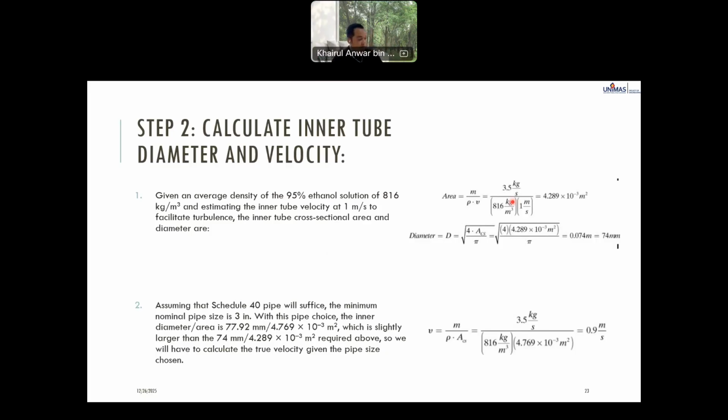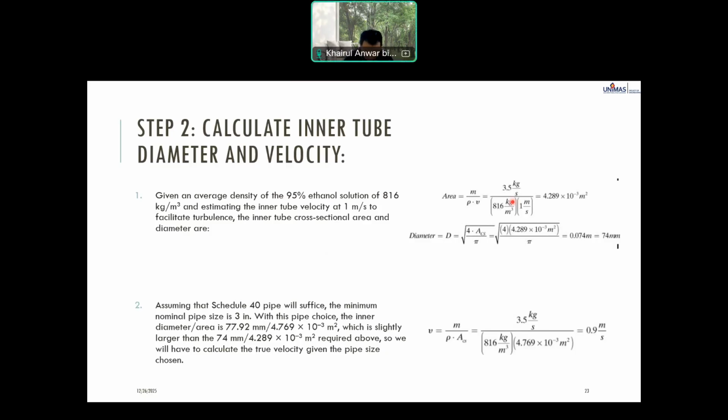Sudah tahu. It's okay. But it's available in the appendix at the end of the book. Looking at appendix A5-1, assuming schedule 40 will suffice, the minimum nominal pipe size is 3 inches.